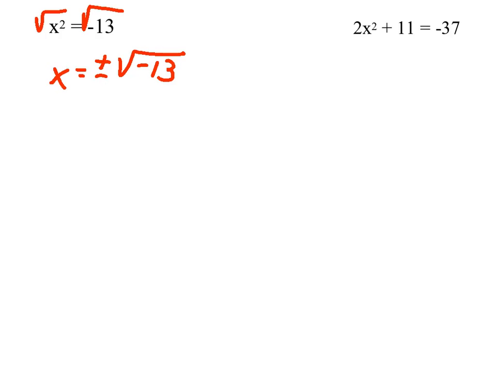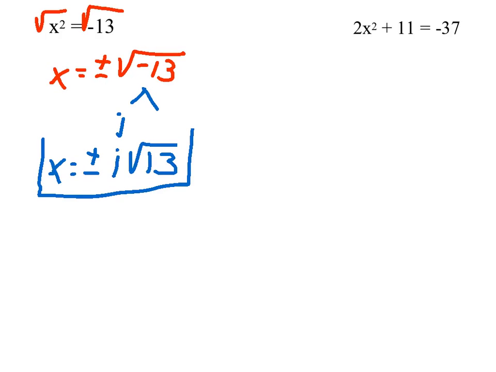Now, since we have the square root of a negative, we need to do something about that. Anytime you see the square root of a negative, you have to automatically think i. So now x will equal plus or minus i square root 13. And that's as far as we can go with that. Square root 13 does not have a perfect square that comes out of it since it's prime.